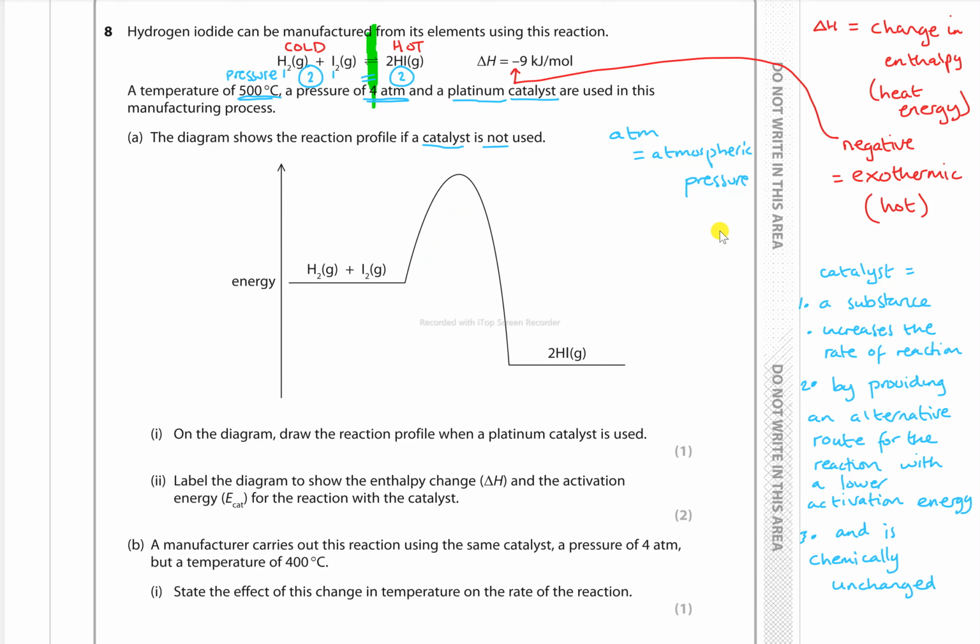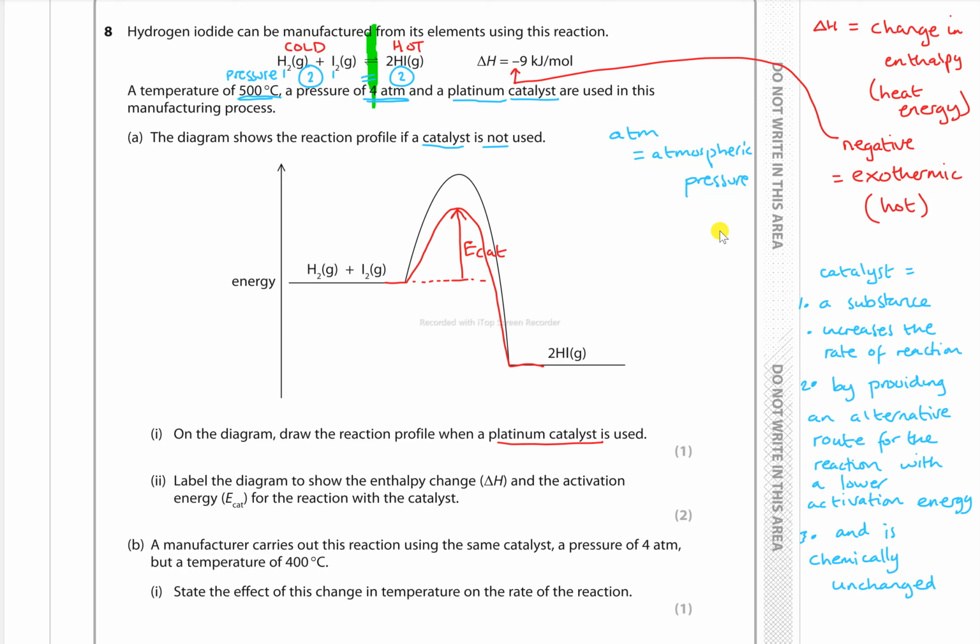Right, okay. On the diagram, draw a reaction profile when a catalyst is used. So it comes along, that's going up, below that, and then it just ends off down here and goes across there. So this bit here is, so what do we label it up as? Okay, ECAT. Label the energy diagram, show the enthalpy change and the activation energy for the reaction with a catalyst.